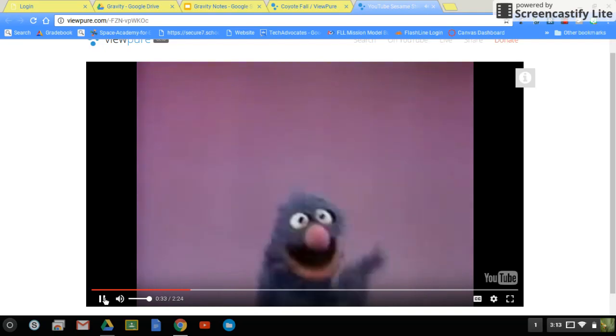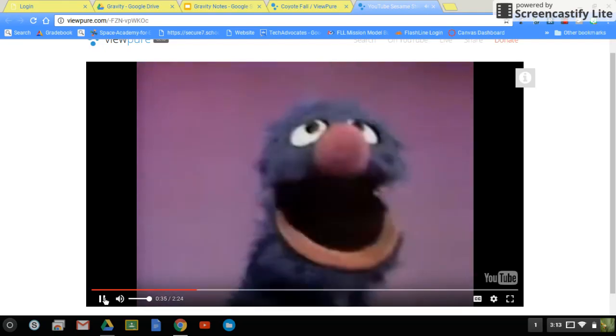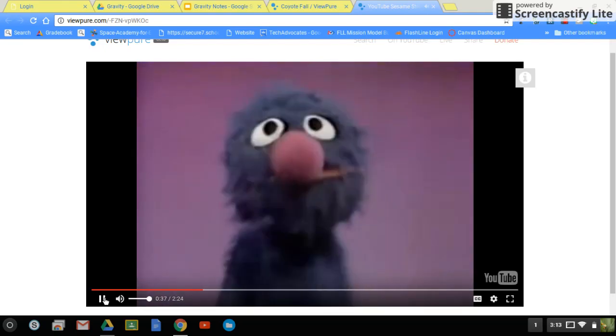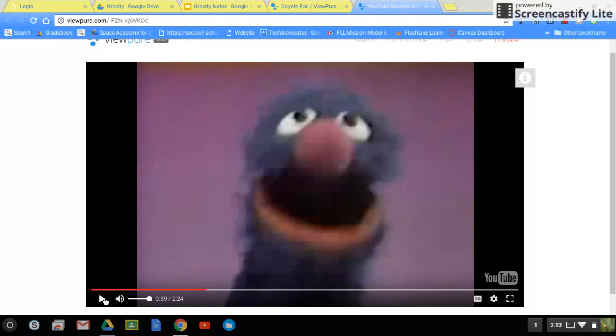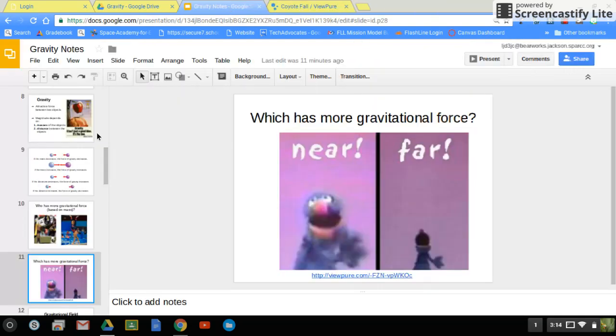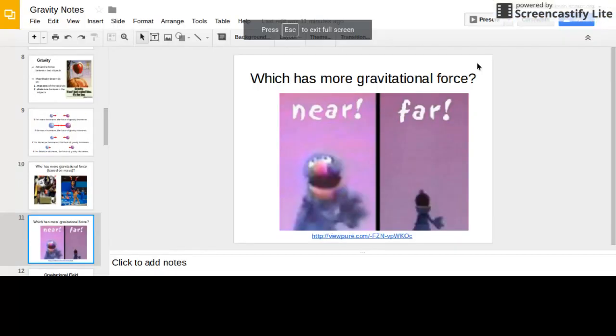As he comes closer to us, he now has more gravitational pull. You see? Now notice his mass is not changing, just the distance between us and Grover is changing. If that mass is staying the same when he is closer, he has more gravitational pull, and when he's farther away, he has less gravitational pull.